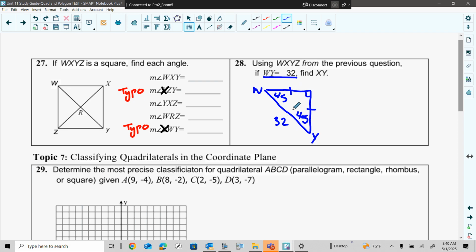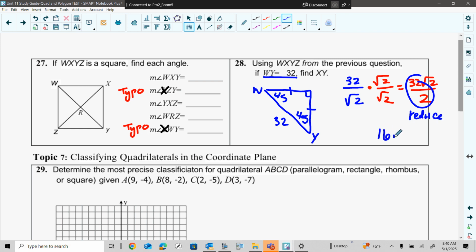So we're going from the hypotenuse to the leg, which means we're doing 32 divided by root 2. And then we're rationalizing that because we can't keep the radical at the bottom. So you have 32 root 2 over 2, and that can be reduced to 16 root 2.